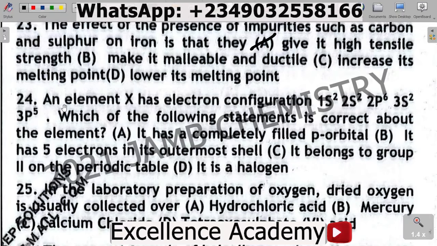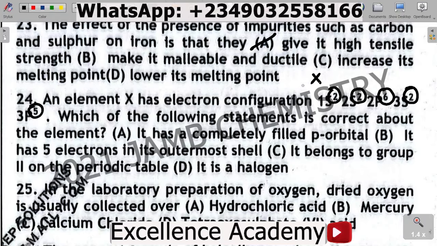For element X, let's look at the atomic number. To get the atomic number, all we have to do is count the electrons. 2 plus 2 is 4, 4 plus 6 gives us 10, 10 plus 2 gives us 12, and 12 plus 5 gives us 17. So element X has atomic number 17.